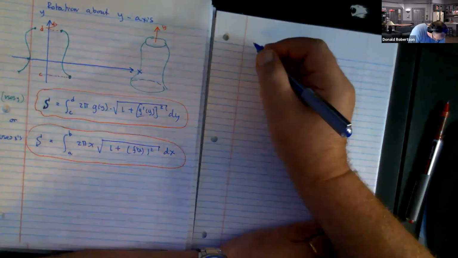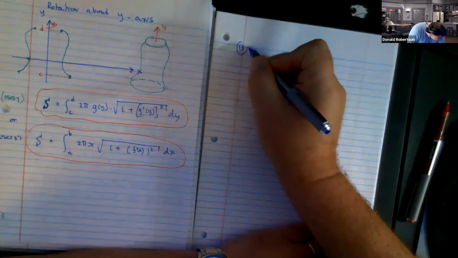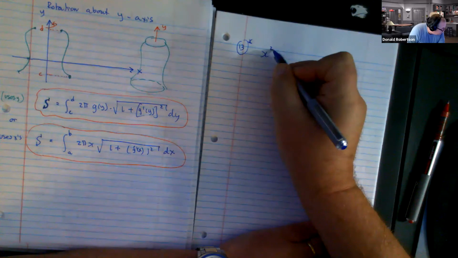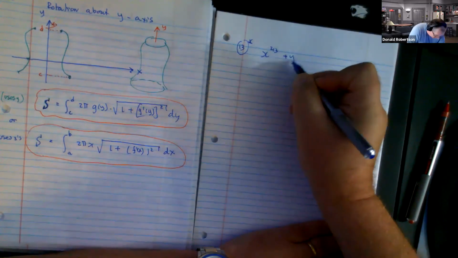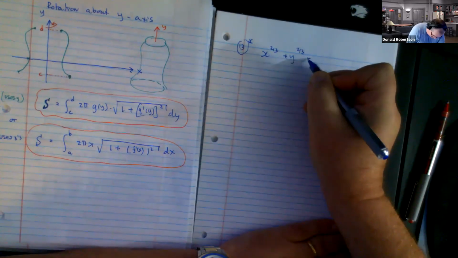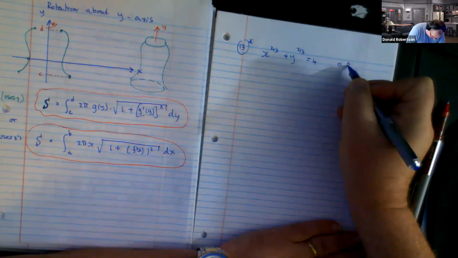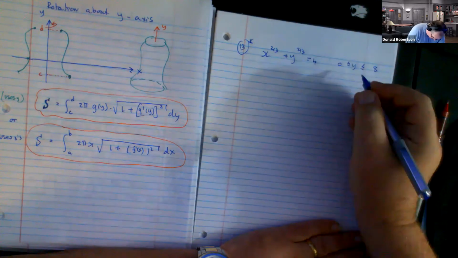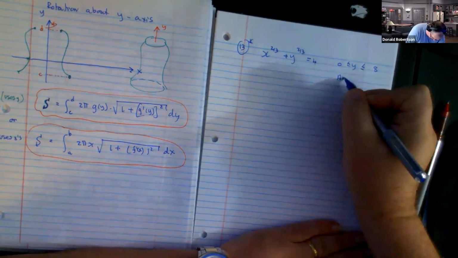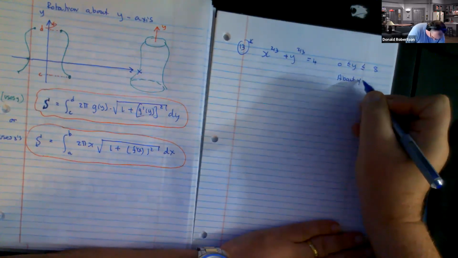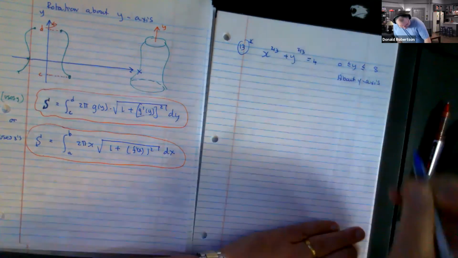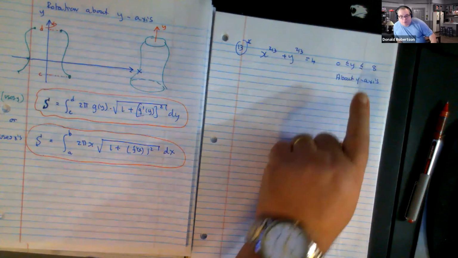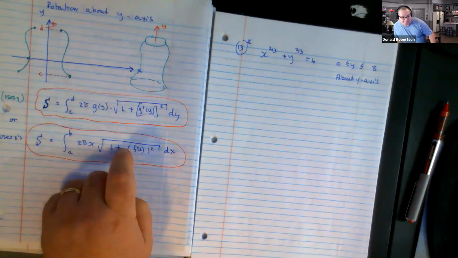Let's talk about how you would start 13. Not the question, doing it, but just how you would get it into a format that would allow us to do it. So we're taking this weird curve and we're going to rotate it about the y-axis, which means it has to be one of these 2 formulas, right?